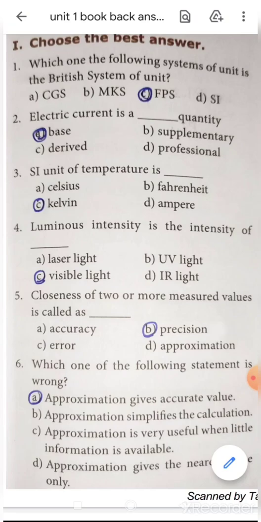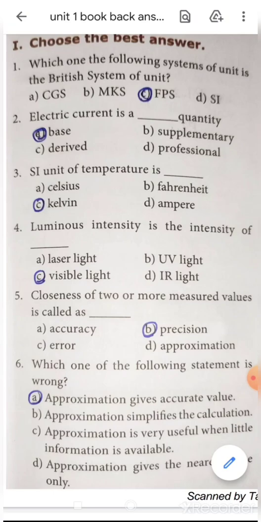Next, luminous intensity is the intensity of dash. Luminous intensity is for visible light only, which is why the umpire checks the light in the ground. Visible means seen by the normal eye. The fifth one: closeness of 2 or more measured values is called dash.